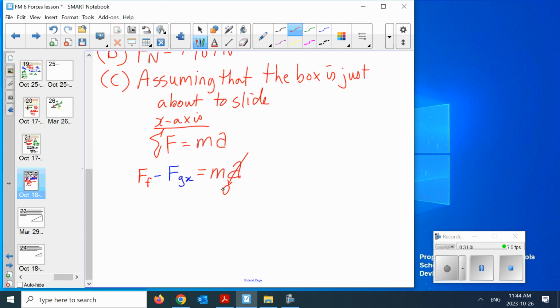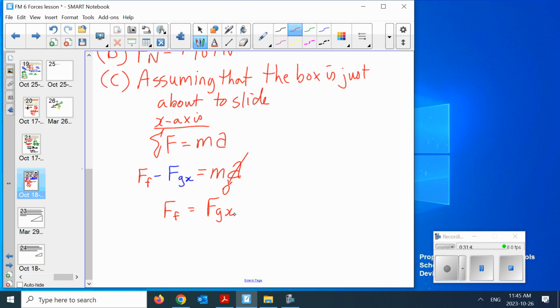So when I do this, the force of friction is equal and opposite to the absolute value of the gravitational force. I put in the minus sign already for the gravitational force because I'm saying it's just about to slide, so it's not accelerating. Zero times the mass, acceleration.